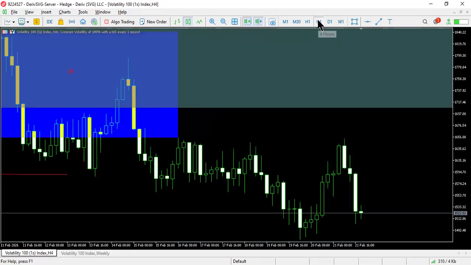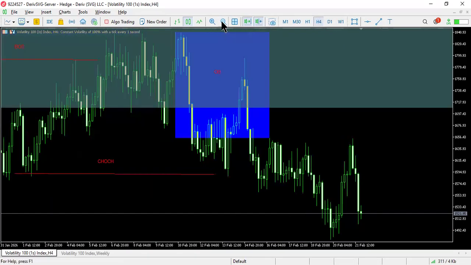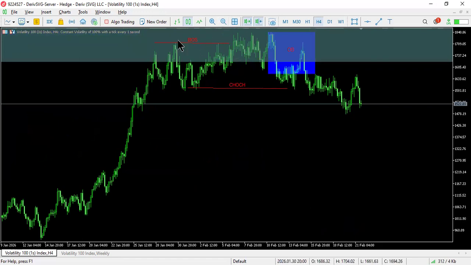And then if we go over to the 4 hours time frame, from the 4 hours, we can clearly see our break of structure right there. And then the change of character. If we adjust it to the 4 hours, it's going to be right there.